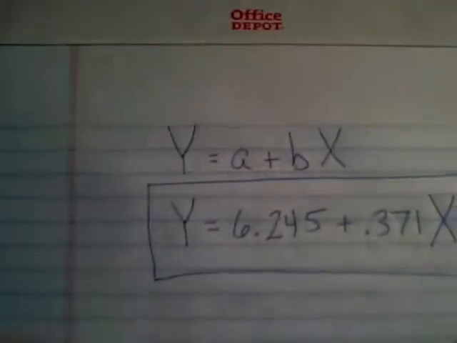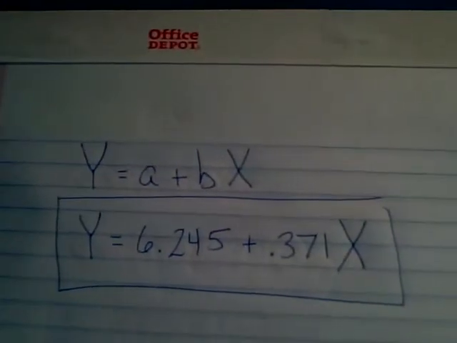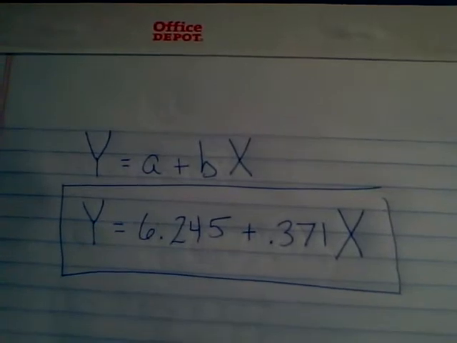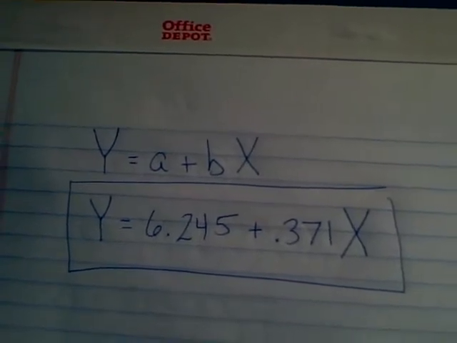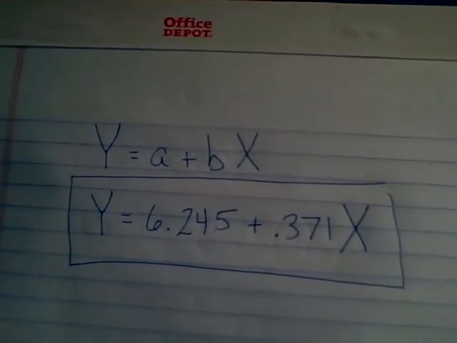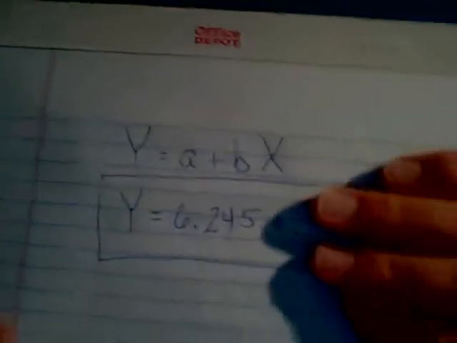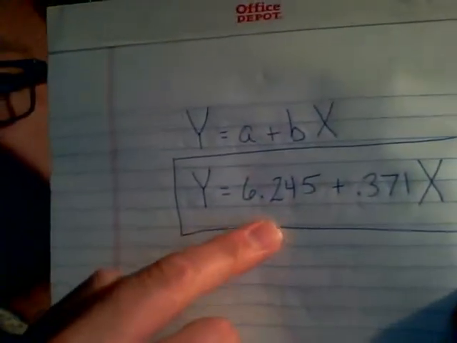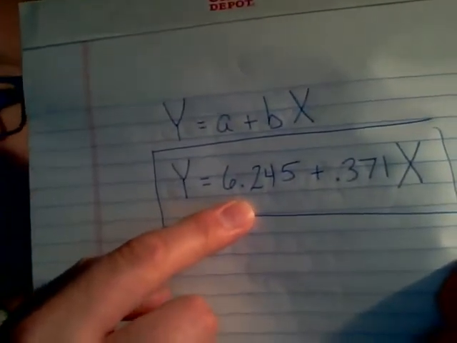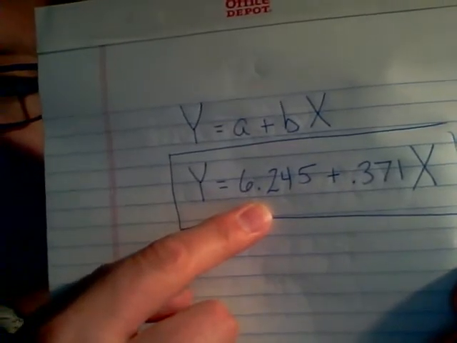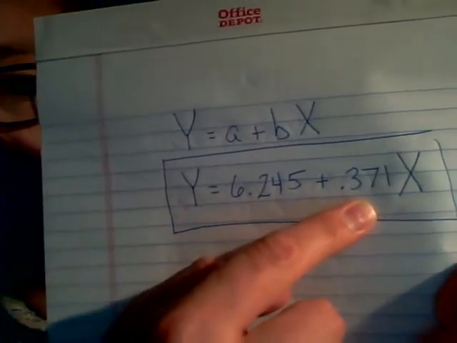So now we have B and we have A, and we're in a position then to create the regression equation, which is where this is going to end for now. And here's where I did that. You can see at the top of this page, I just repeated the regression equation, which we've been working with for a few days, y equals a plus b times x, and I just substituted in the value for a, which we just calculated, 6.245, plus the value for b, 0.371.